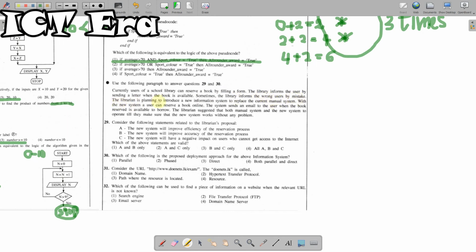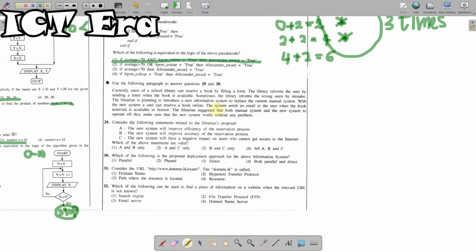The librarian is planning to introduce a new information system to replace the current manual system. With the new system, a user can reserve a book online. The system sends an email to the user when the reserved book is available to borrow. The librarian suggested that both the manual system and the new system operate until they make sure that the new system works without any problem.